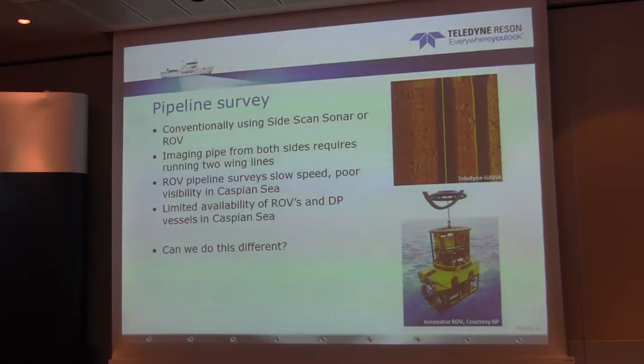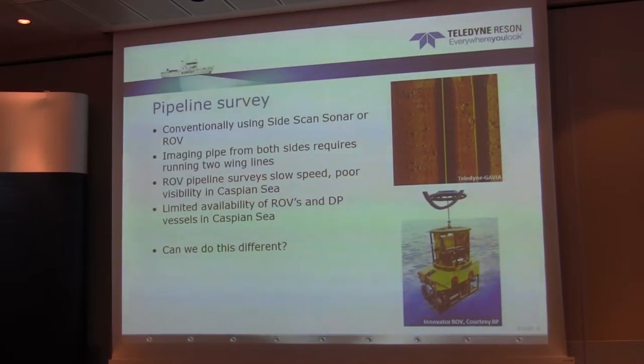Another method would be, for example, using an ROV. So you can get closer to the pipe. You can use the multibeam sonars. Speeds are much slower. And then one problem they had, particularly in the Caspian Sea, is very poor visibility, especially at the shallow part up on the shelf break.